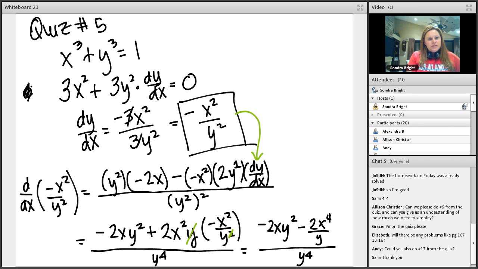And then what you want to do is, this is like over 1, and to subtract fractions, you need a common denominator. So I'd multiply top and bottom of this fraction by a y, which means I've got, can I squeeze it up here? I think I can.